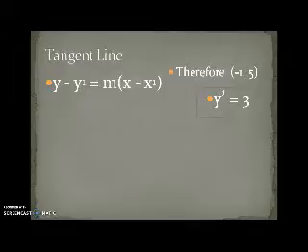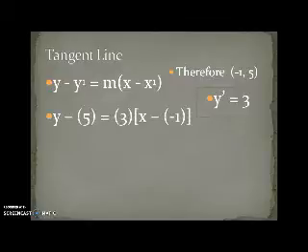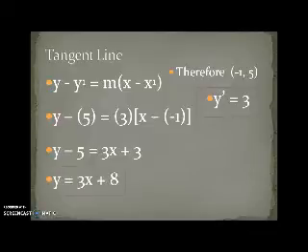Now we just have to use the point-slope form in order to get the equation of the tangent line, and then we substitute. So we substitute 5, that's the y coordinate, and substitute negative 1, the x coordinate. So there we go, we simplify. So our final answer would be y equals 3x plus 8.